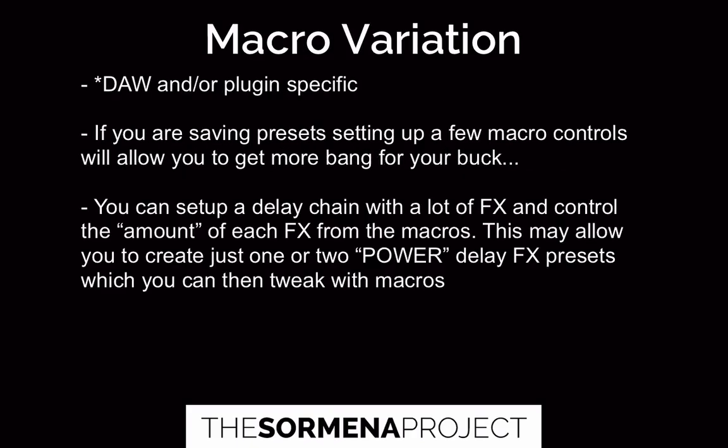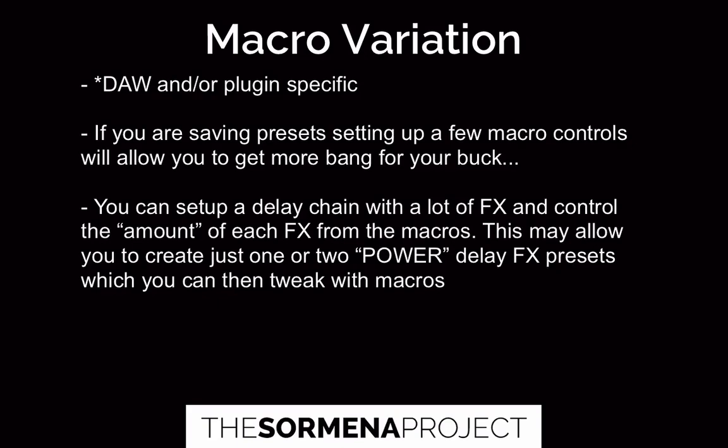This is probably the one and only DAW specific slide that we're covering throughout this entire tutorial, and it involves using macros. So only a handful of DAWs have macros. Some plugins like Guitar Rig have macros, and really all they allow you to do is map a knob, this kind of just free-floating knob, to any parameter in any sort of plugin that belongs to the chain.